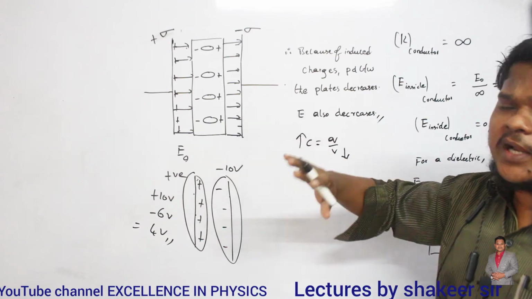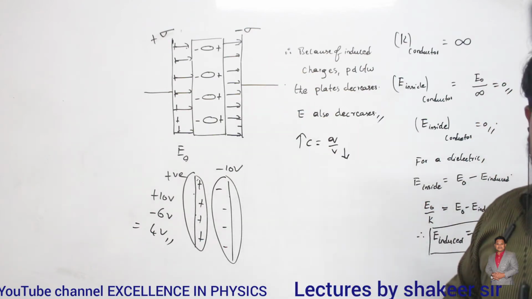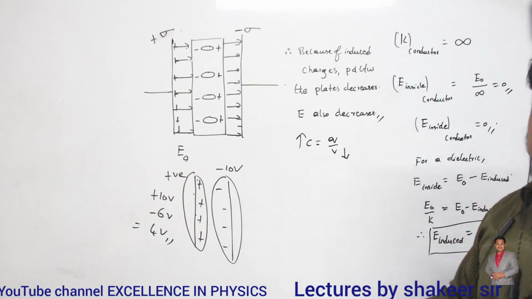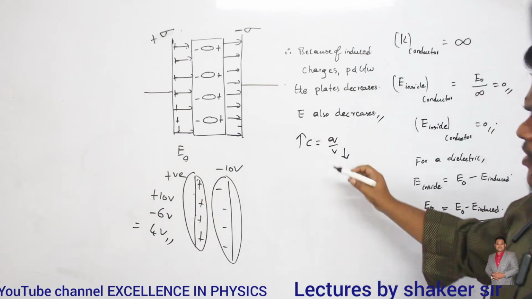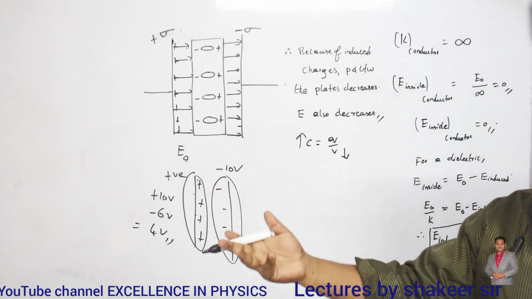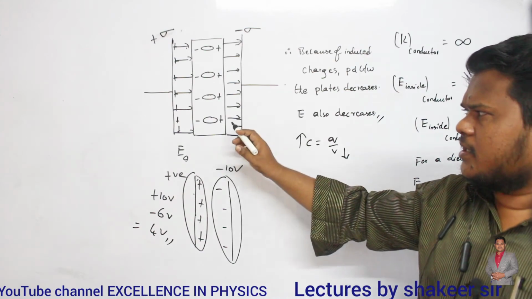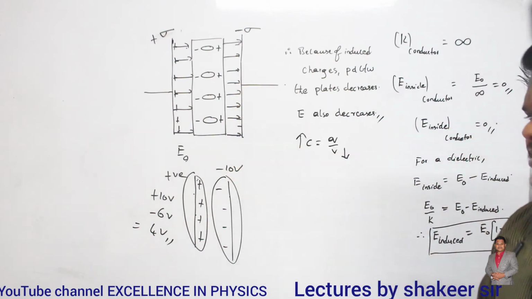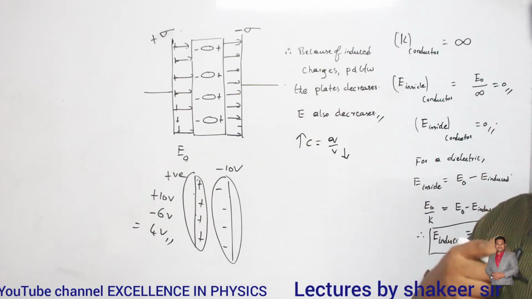Because as you go on adding charges on the plates, its potential does not rise so easily. Why potential does not rise so easily? Because a dielectric is reducing its potential, no, ma? So therefore, capacitance of the capacitor automatically increases. Okay, ma? So this is the advantage of placing a dielectric inside the plates of a capacitor. Its potential difference decreases, capacitance automatically increases.